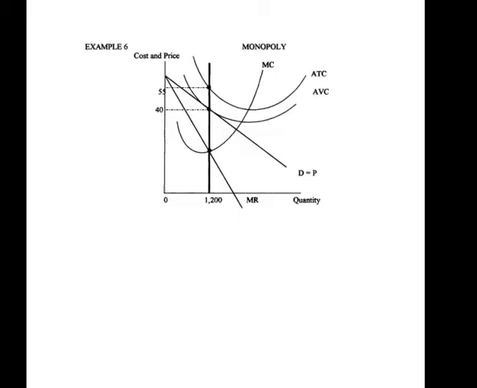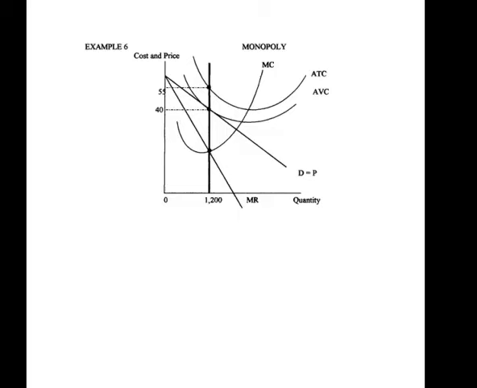So you need to apply Rule 3. And what Rule 3 says is to compare price and average variable cost. Rule 3 goes on to say that if price is equal to or greater than average variable cost, you continue to produce at a loss in the short run. And in this case, the price is exactly equal to the average variable cost.